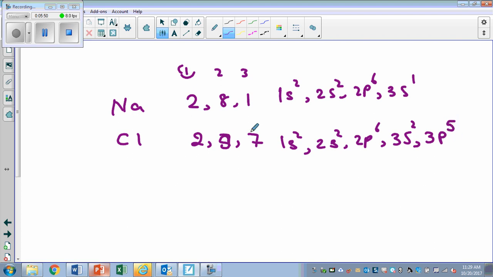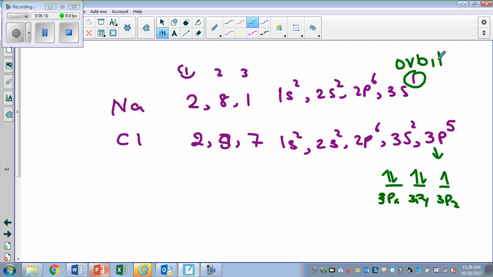If I do the orbital diagram for only p, you have 1 according to Hund's rule. This is 3px, this is 3py, this is 3pz. So you see that the electron from the 3s orbital of sodium is transferred to one of the unpaired 3p orbitals.